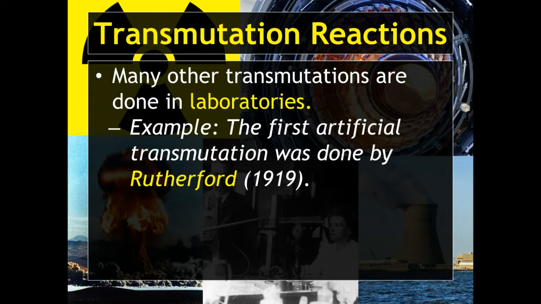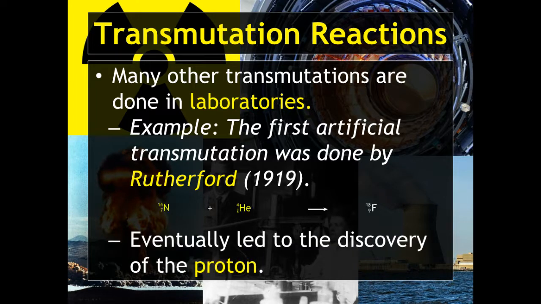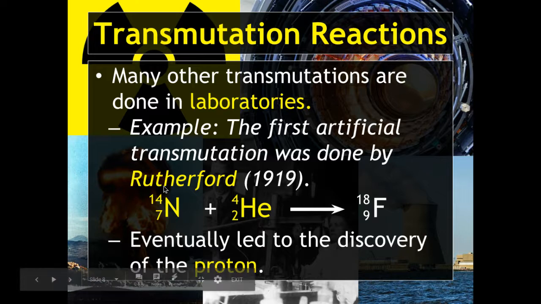Many other transmutations occur, and they are done in the laboratory. For example, the first artificial transmutation was done by Rutherford. 1919, he found the discovery of a proton. How did he do that? Here's nitrogen. He shot alpha particles at it.